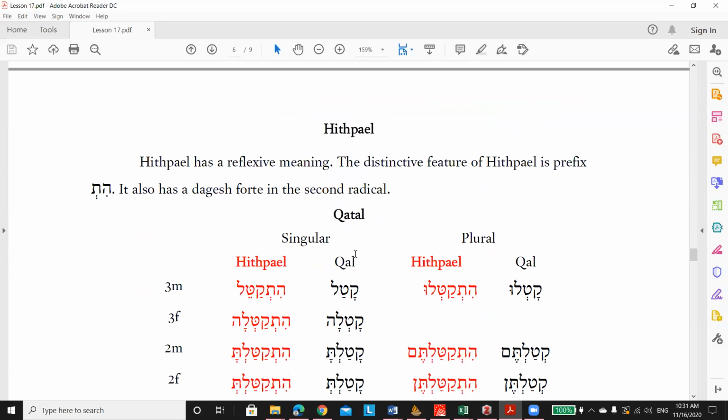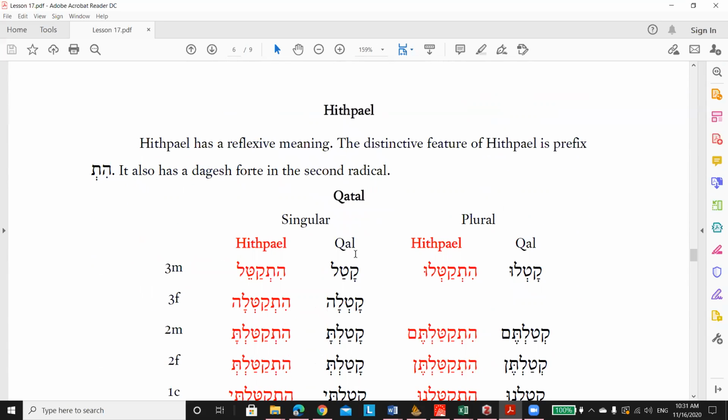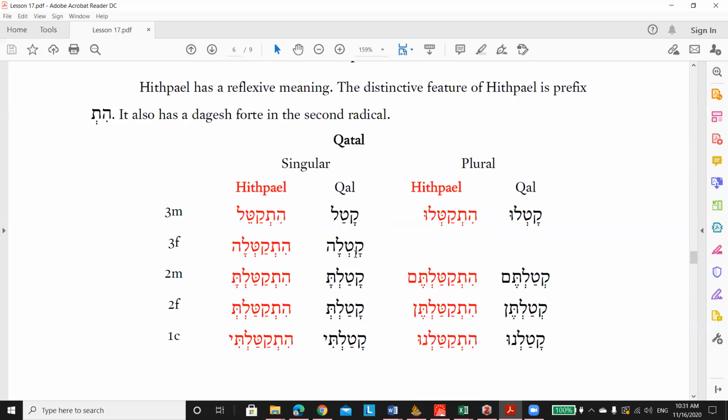And now Hithpael. Hithpael is a little bit different from other binyanim. The meaning of Hithpael is a reflexive action. So the action that is addressed to the speaker, or the action that the speaker is doing upon himself. It's almost impossible to confuse Hithpael with any other stems.